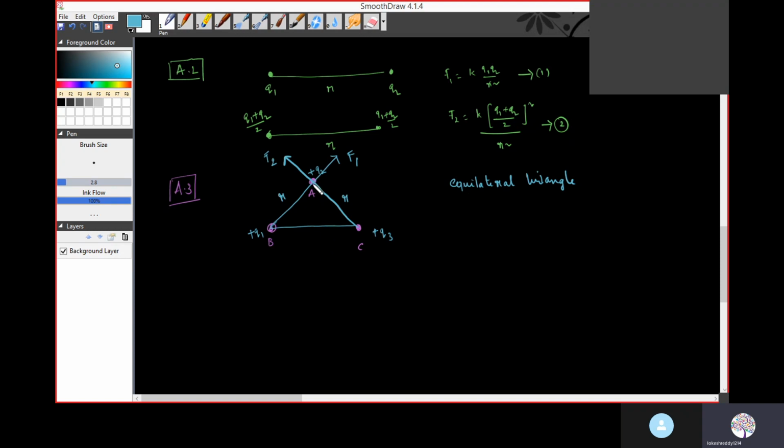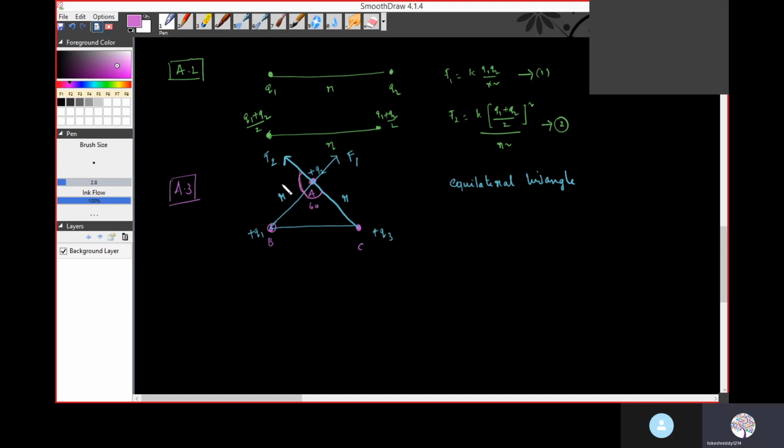So we are calculating the net force here. The net force F net will be equal to, now here it is equilateral, so the angle is 60. This is a straight line, so the total angle is 180.